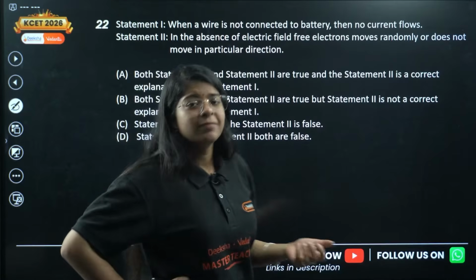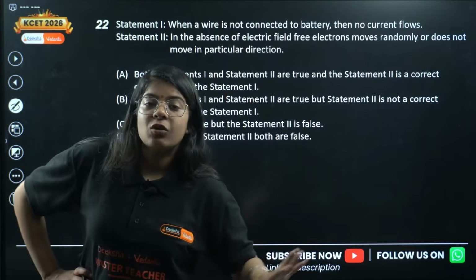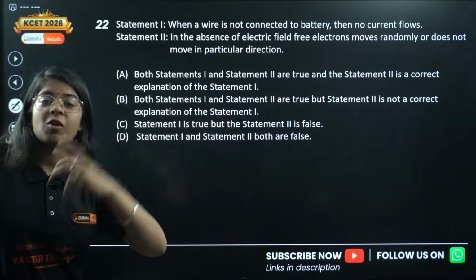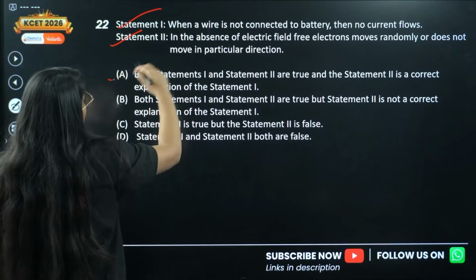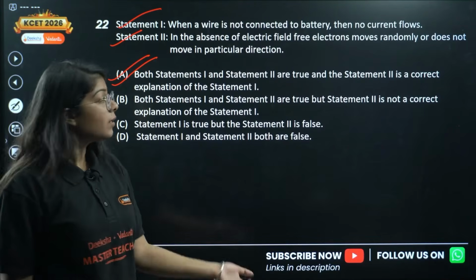That is true, because the electric field gives a particular direction to your charges. Electrons move in the opposite direction of the electric field, and hence both the points are true. So both statements are true, and it is a correct explanation of statement 1.